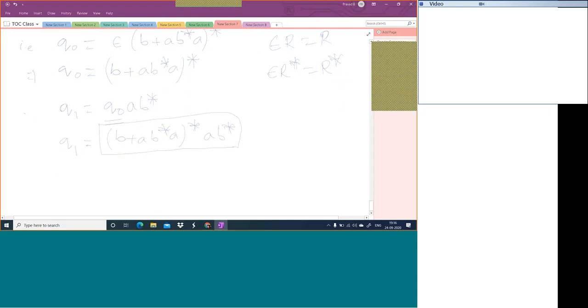This is the expression for the given finite automata: B plus AB star A whole star followed by AB star. This is the same which we got earlier.